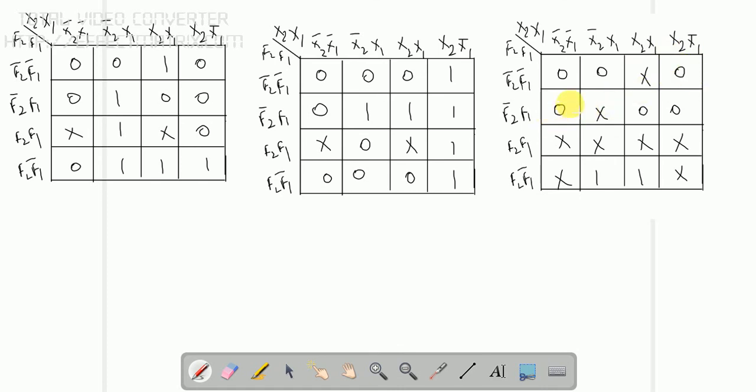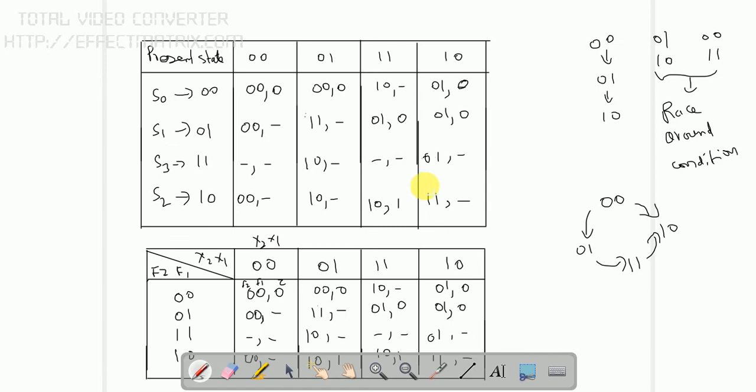Now it will be correct. So for every f2, f1 and z, I'm going to draw individually. So always remember, this first value is f2, this first value is f1, and this is f2. Then second value is f1, f1, output will be like this. So append don't care condition for all the dash values.